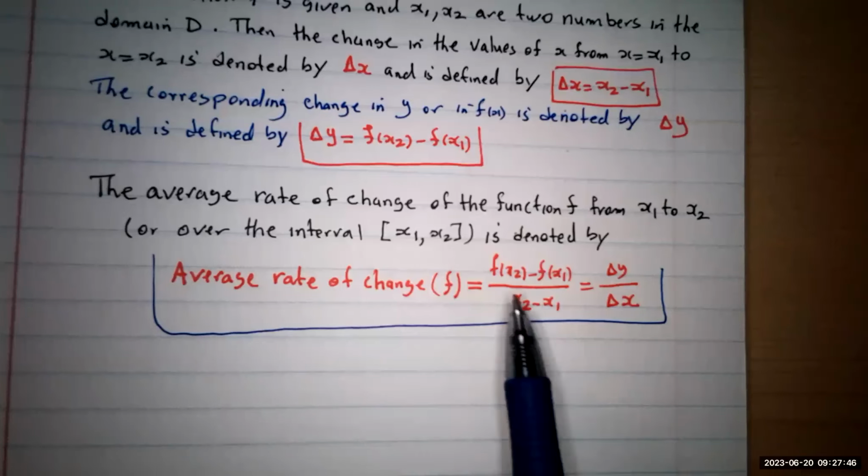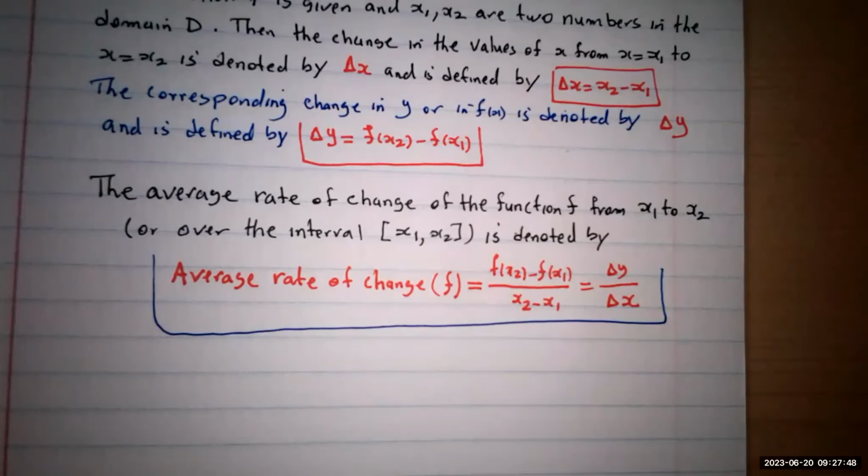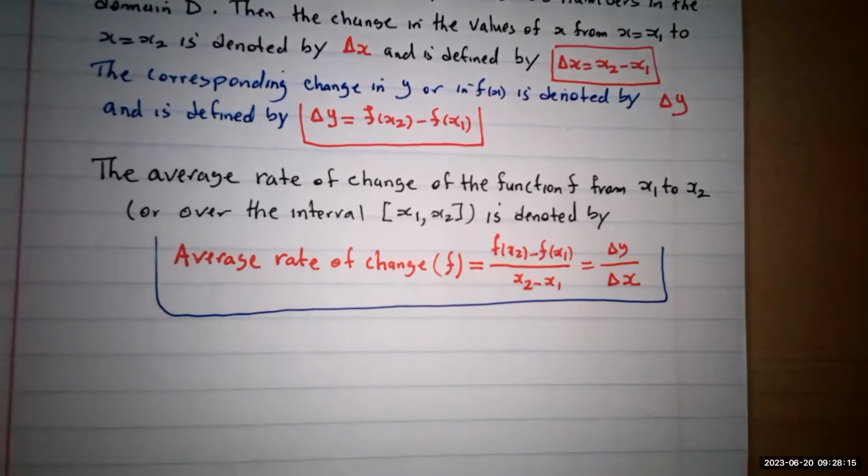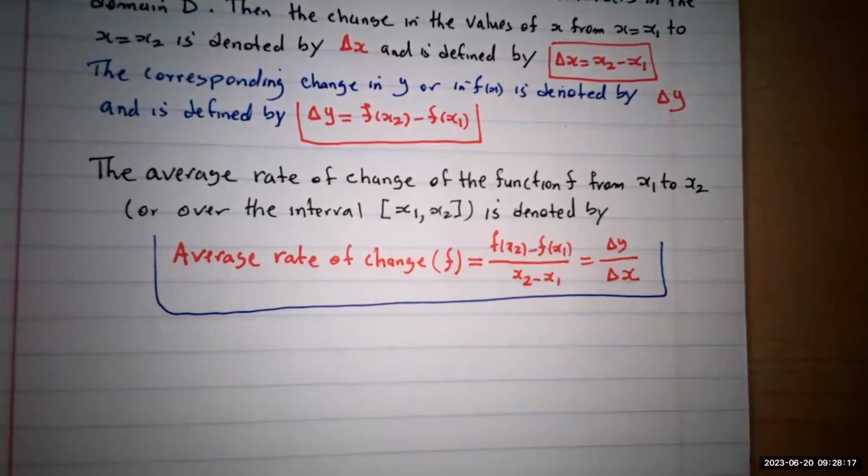X1 and X2 would be the 2 different times that we're going to watch you. If you find this average rate of change for the position function, the top is going to be the displacement, and the bottom would be time, and displacement over time, you know, is going to be average velocity. So that would be the first interpretation for this expression for the average rate of change.